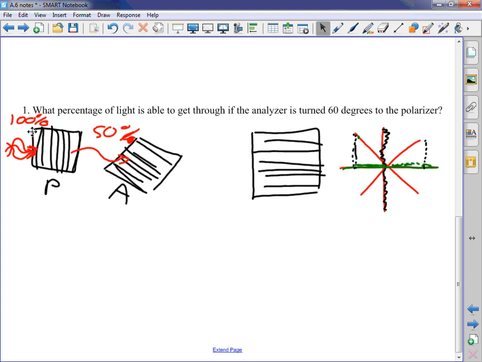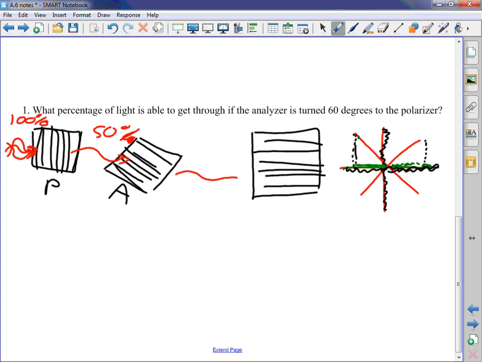Make sense? So 50% comes through, and now I'm going to turn it at 60 degrees, and I'm going to get something less than that. I'm only going to get a component of what came through. Now I'm going to eliminate, let's say, most of the horizontal guy, and only be left with a little bit of one of the crosses.